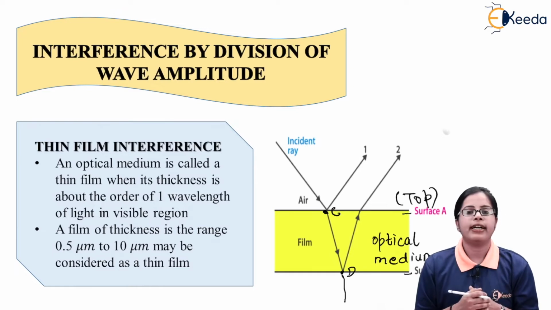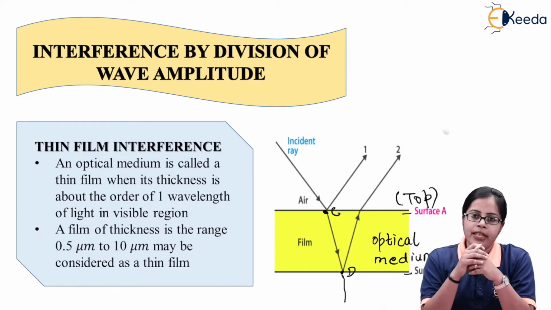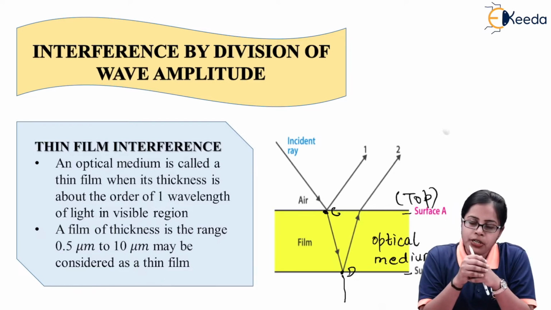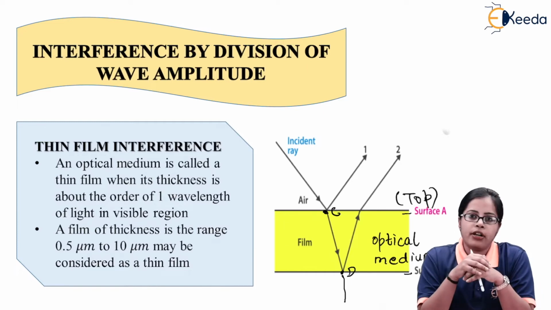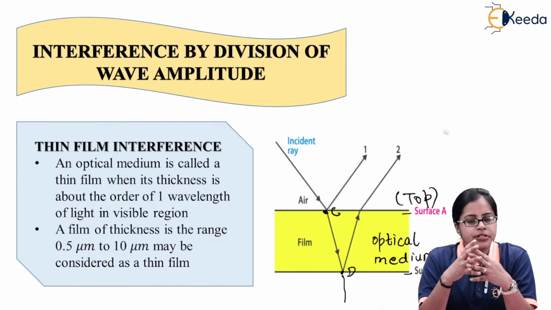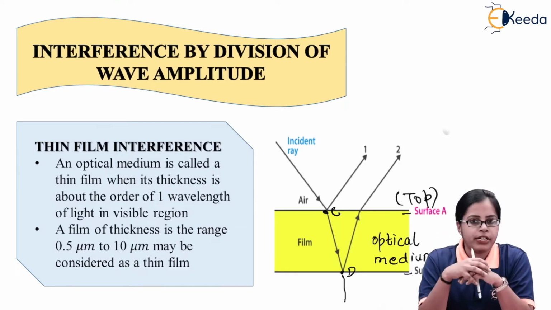So what is the basic idea? Whenever you consider an incident ray, a small part of the incident ray is always going to undergo reflection and the major part is going to undergo transmission. So during thin film interference, you experience strong transmission and weak reflection.